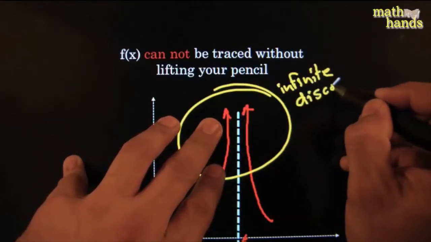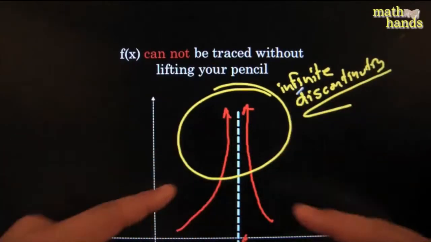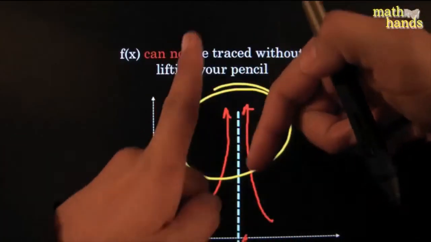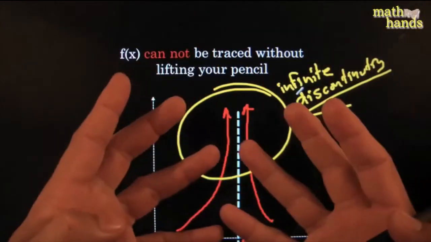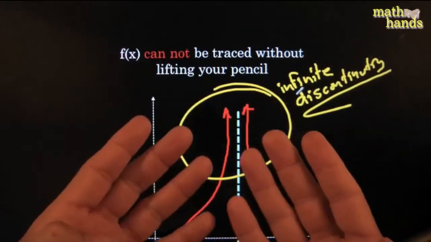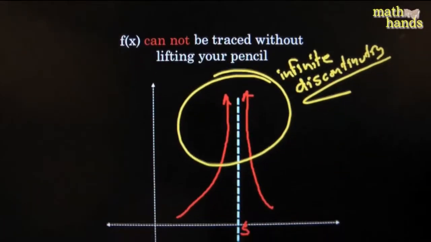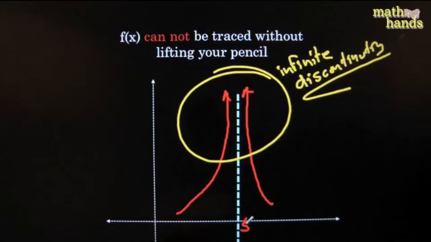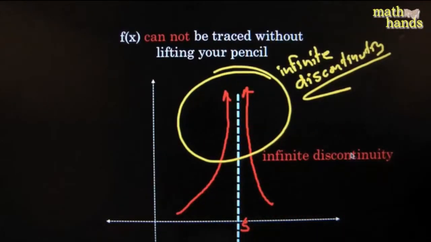Suppose you have an equation, and suppose that equation has a vertical asymptote at 5. This is x equals 5. And suppose the equation goes like this, and suppose it goes like this, and it gets infinitely close. Now, if I pick a neighborhood around 5, there's no way I can trace that and keep it real.